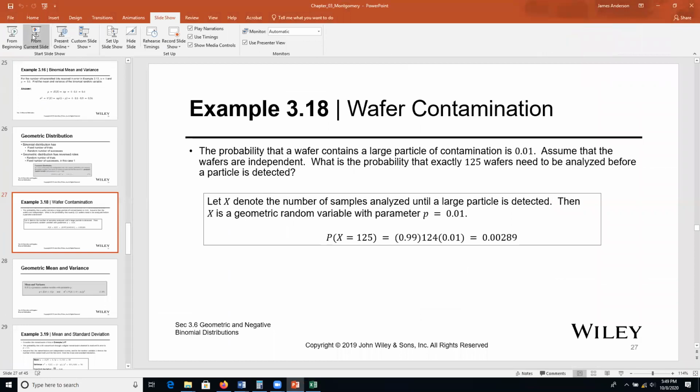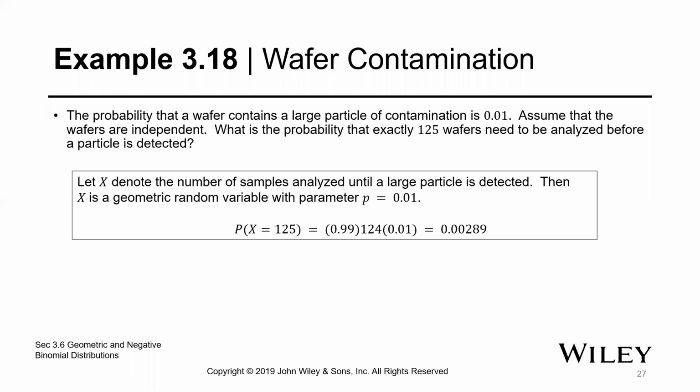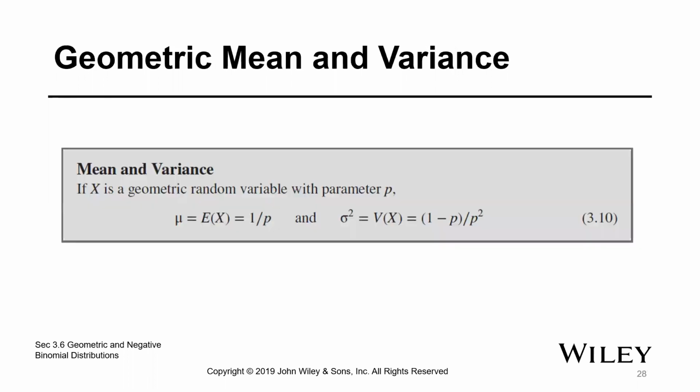Current slide. Remember, this is determining one event, and if that one event is something very major, like safety, that's a very important thing. Your mean is 1 over your probability, and your variance is 1 minus the probability over the probability squared.